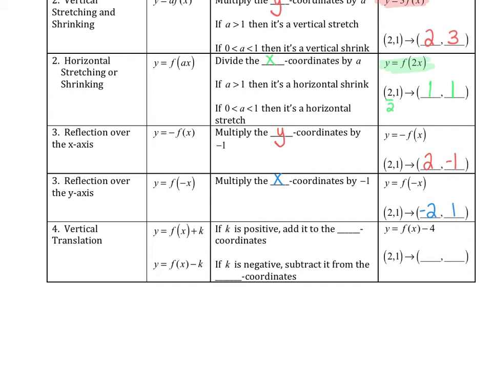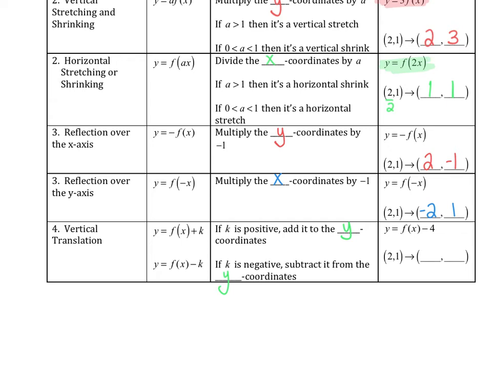And then the last thing you are going to do with all these transformations is the vertical translation, which is if you have a plus or a minus something on the outside of your equation or your function. If k is positive, then you are going to add it to the y coordinates. And if k is negative, then you're going to subtract it from the y coordinates, because you're moving up and down.